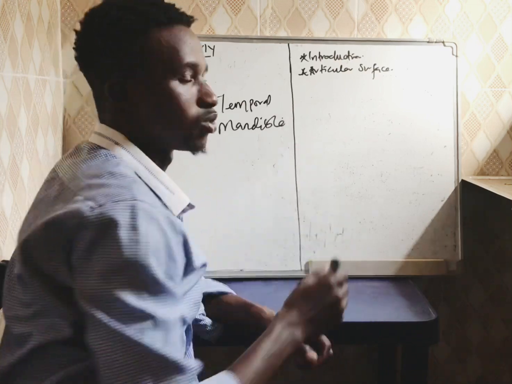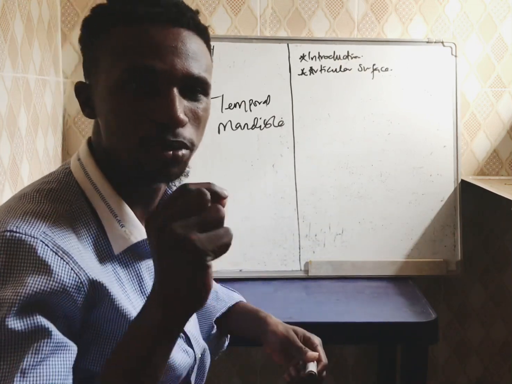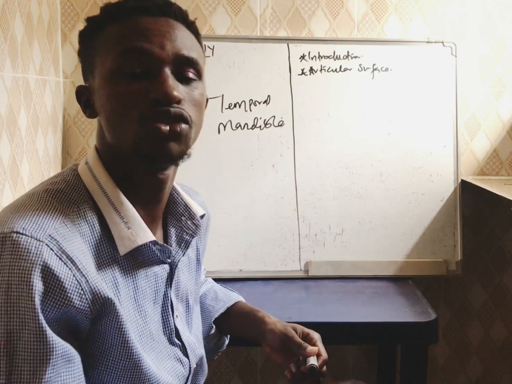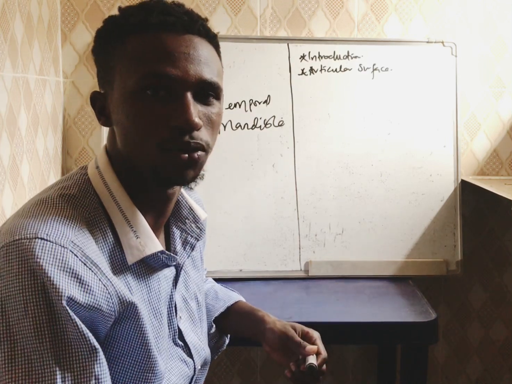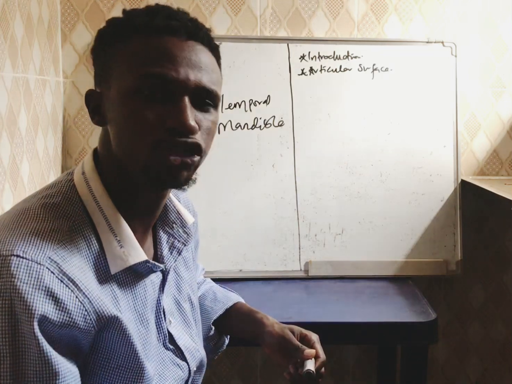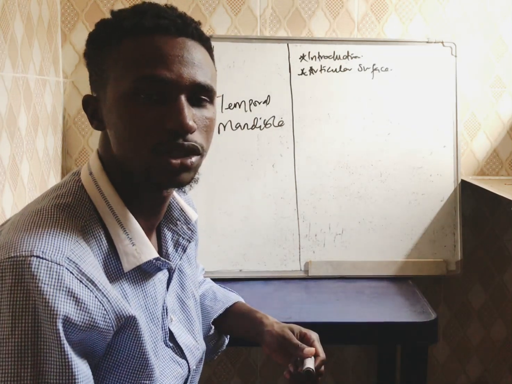Now when talking about articular surface, we normally mention the specific part of each bone that forms that joint, since not all the part of temporal bone forms the TMJ, and not all the part of mandible forms the TMJ. So which specific part forms the TMJ?